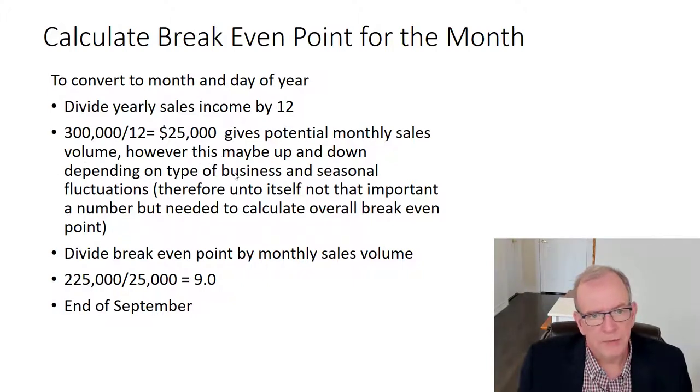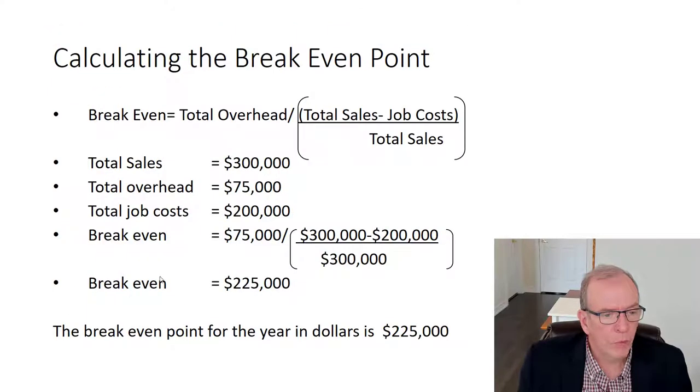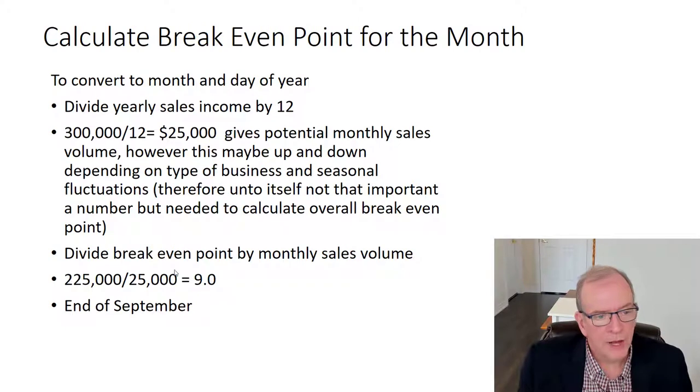As I said, it doesn't matter that it's up and down for this. It just gives you a good perspective. Divide the break-even point by monthly sales volume. So we take our break-even point here, which was our 225,000. We divide it by 25,000, our monthly sales volume, and it says 9.